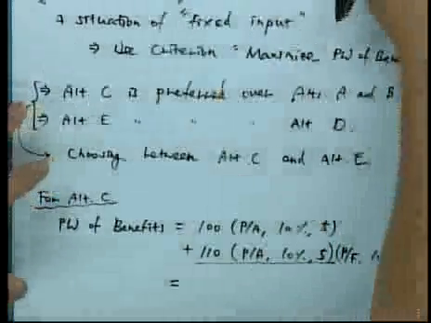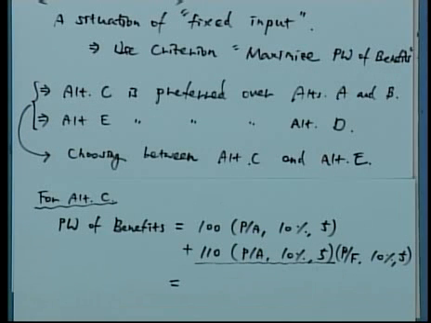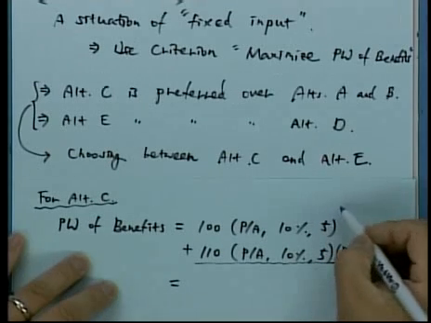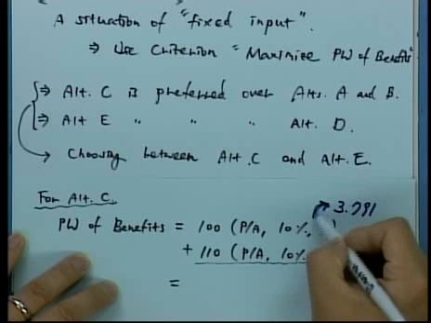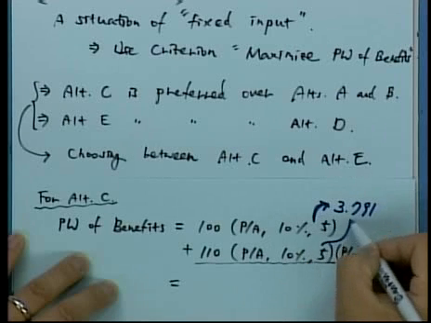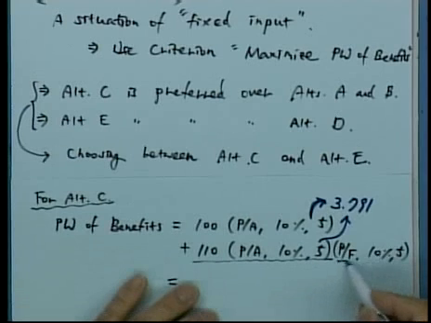So we want to find these table values from our text. 10% P given A over 5 periods is 3.791. So this is 3.791, right? This one and this one too. What about P given F? 0.6209.